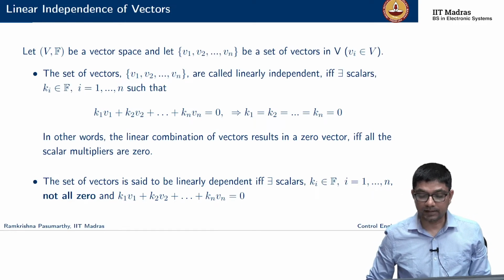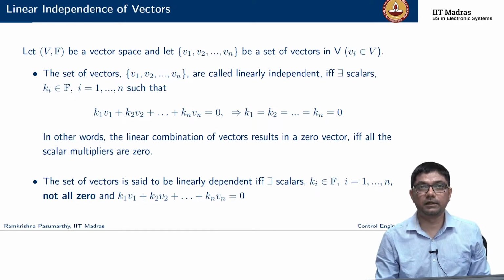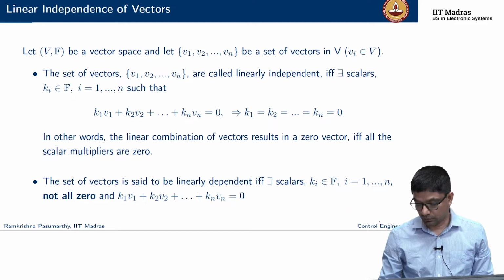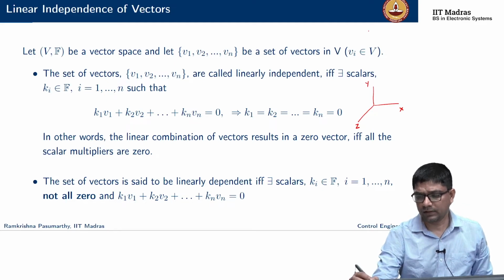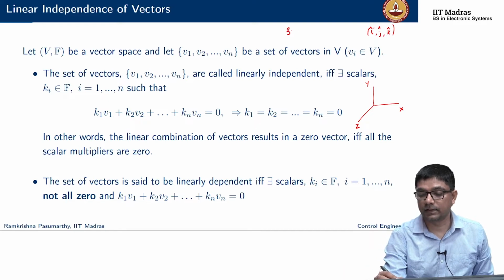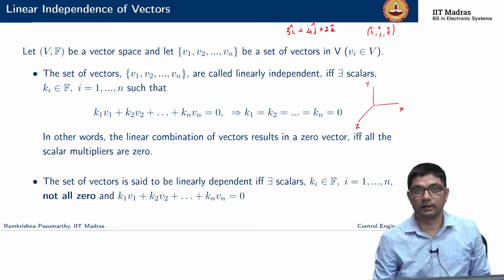Okay, now second is when are these vectors linearly independent of each other? Whenever we look at a three-dimensional coordinate system, we look at the x-axis, the y-axis and the z-axis. In some vector calculus courses, we represent the unit vectors as i, j, k with a hat, and represent any vector in 3 dimensions as say 3i plus 4j plus 2k and so on.